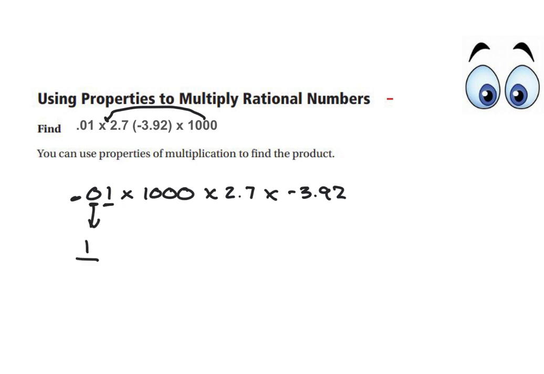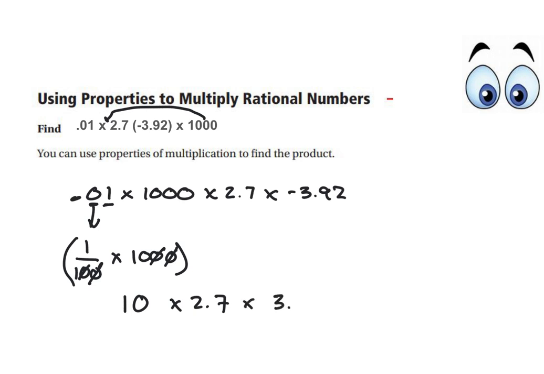So this is 1/100th times 1,000. Let's actually do that first and put those in parentheses. 1/100th times 1,000. I'm actually just canceling out zeros there, and I get 10. 1 times 10 is 10, times 2.7 times negative 3.92.